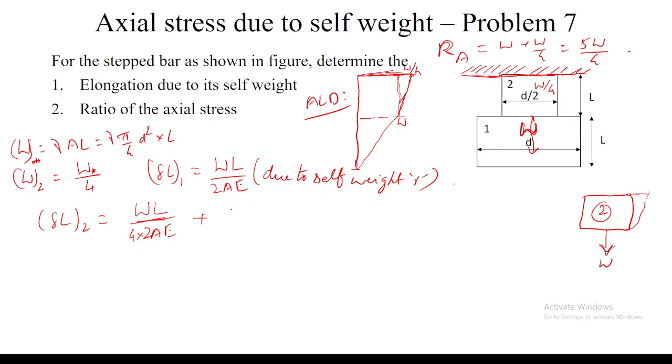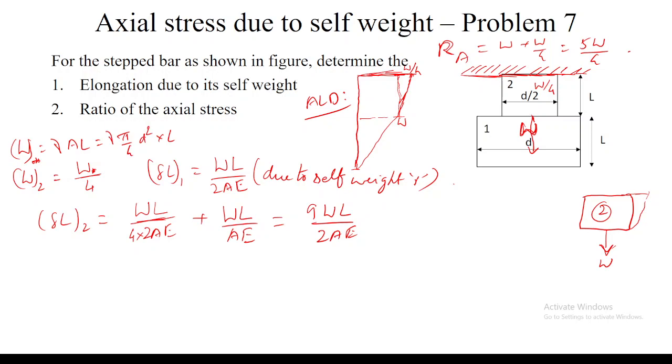So this will be for the point load. What will be the deflection? It is like PL by AE, right? So ultimately, the value of this will be 9WL divided by 2AE.